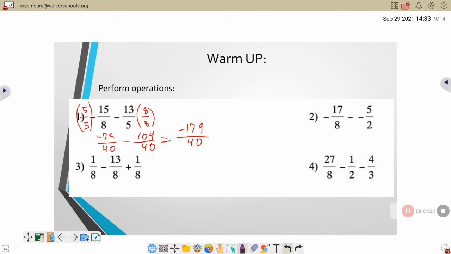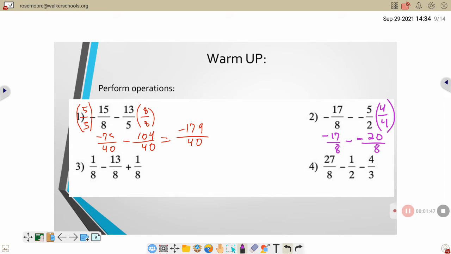It just chills. All right, I could do the same thing on number 2 with an 8 and a 2, but I could also say, hey, I'm going to make 2 into 8. I just have to multiply by 4 on this one. So that'll save me a little time, because I can leave this one alone. I'm subtracting a negative. Keep that in mind. It seems a little subtle there.